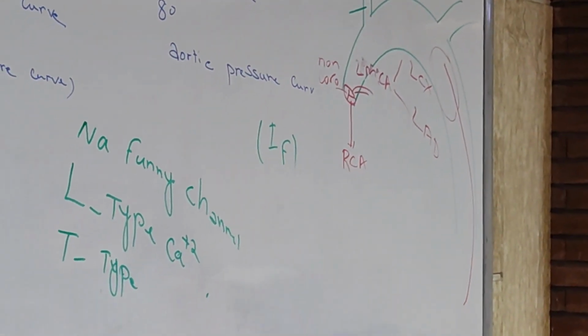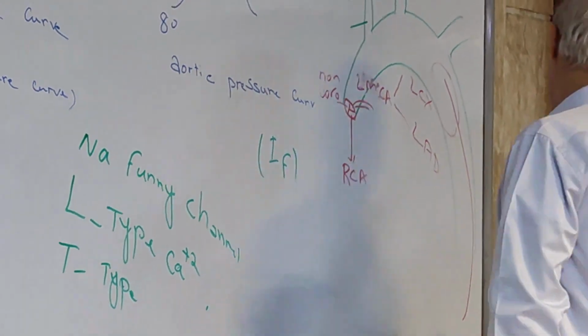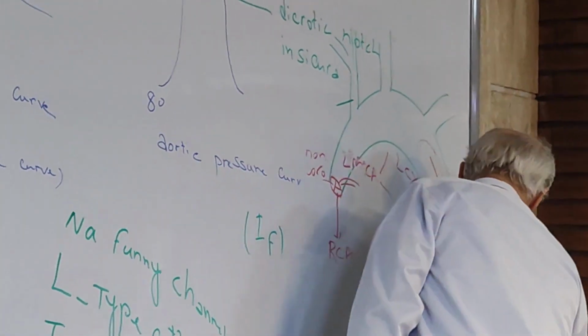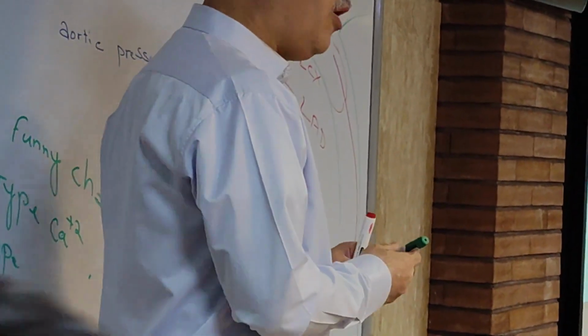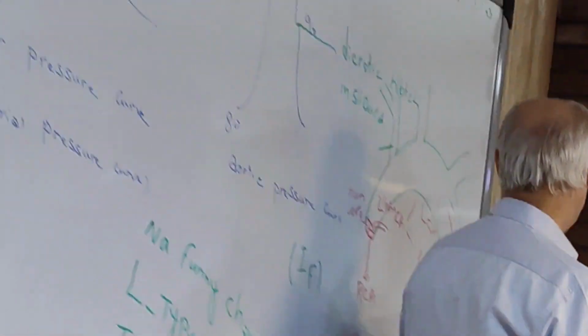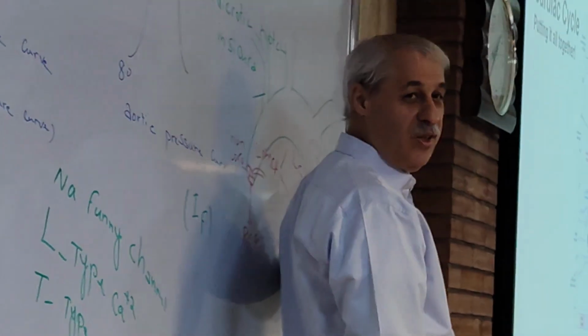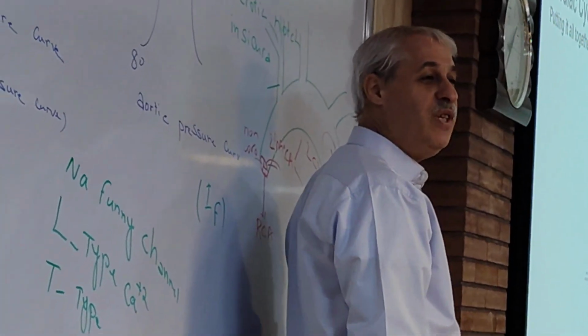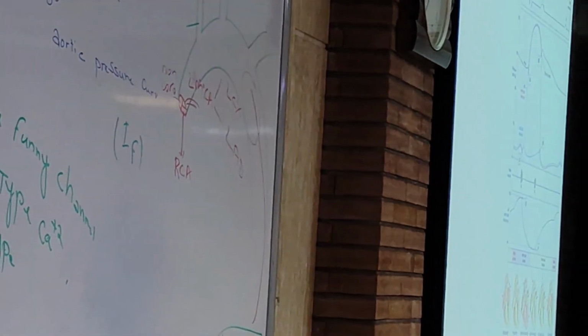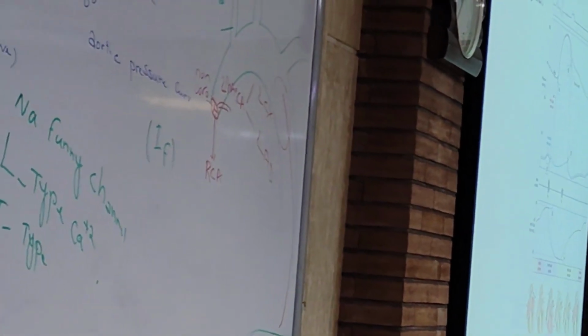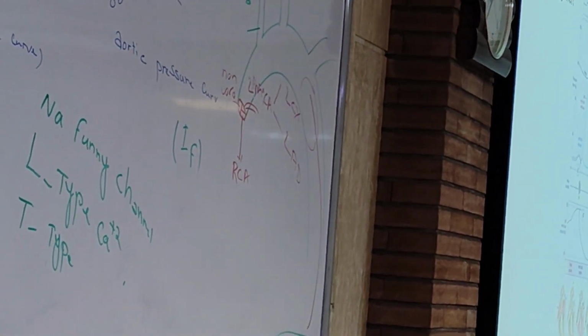So there is a console, a central gadget in which a pump will inflate this balloon during diastole and deflate it during systole. But there should be something to inform the gadget that diastole is initiated.